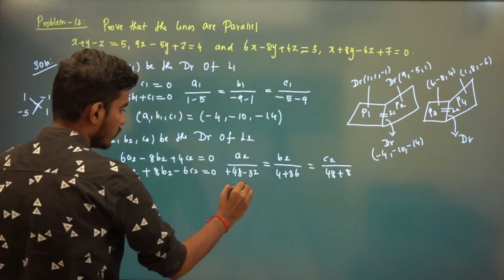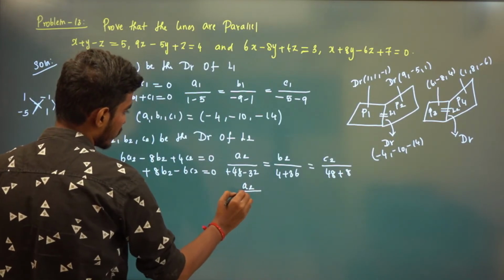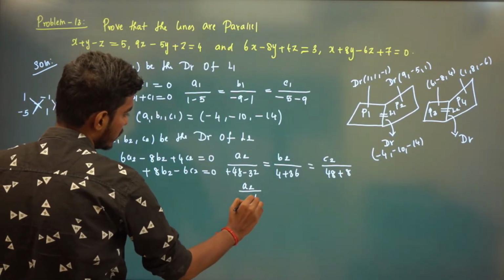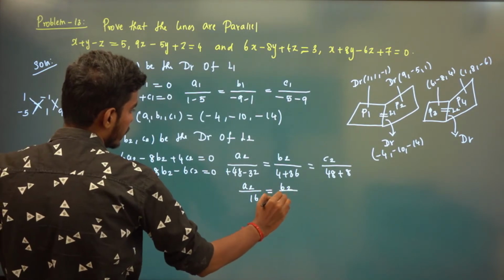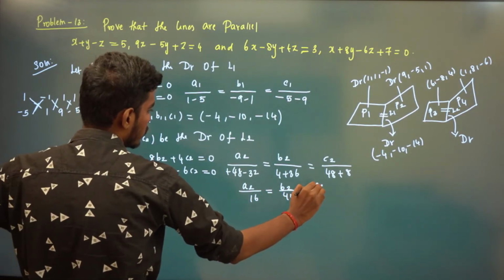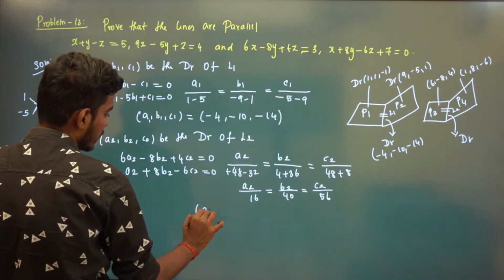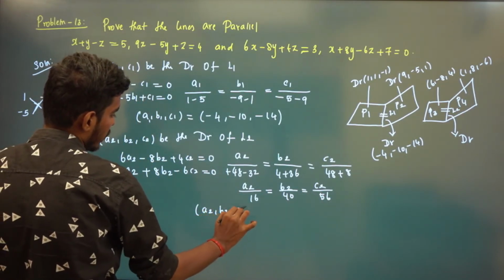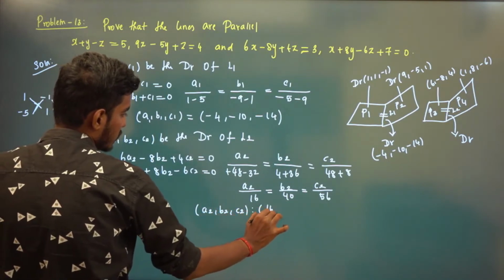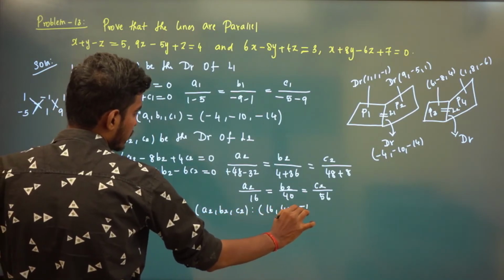So we will have A2 divided by 48 minus 32, which is 16, B2 divided by 40, C2 divided by 56. Therefore, the direction ratio of the line L2 is given by 16, 40, 56.